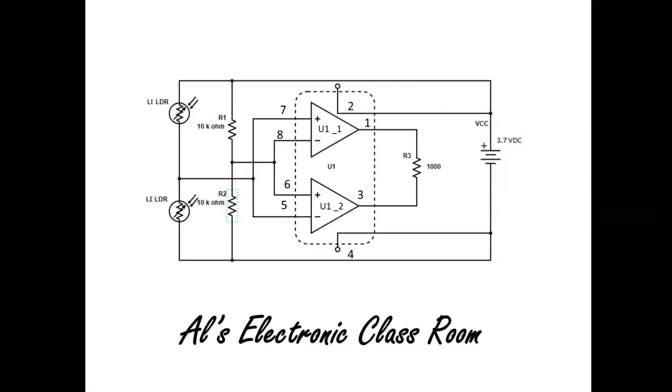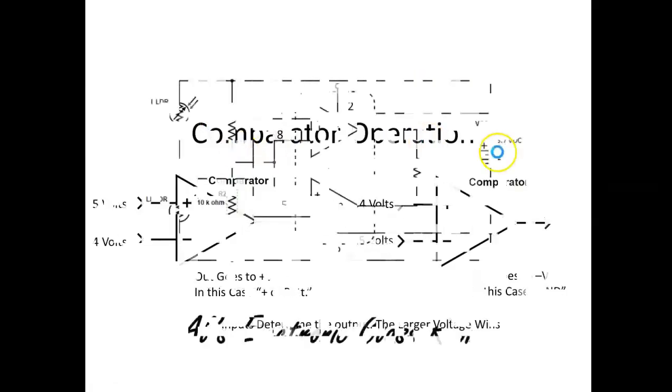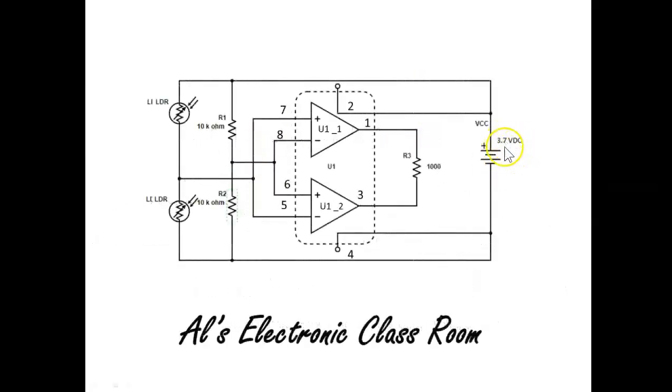That's the positive rail, what we call the rail on the supply voltage. On the other end, the negative terminal goes to ground. So my voltage swing on the output can only go from 3.7 volts to 0 volts. All right, so let's stop here and go to the third slide.